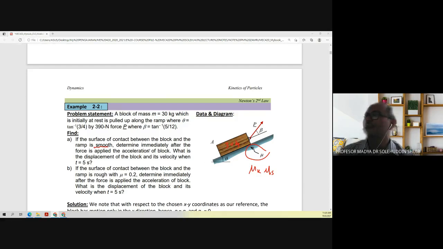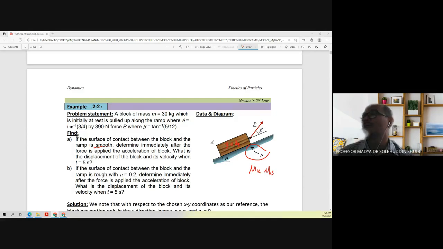The angle of the ramp is theta, which is inverse tangent 3 over 4. Between the two surfaces you have contact that is rough, with a coefficient of friction mu.